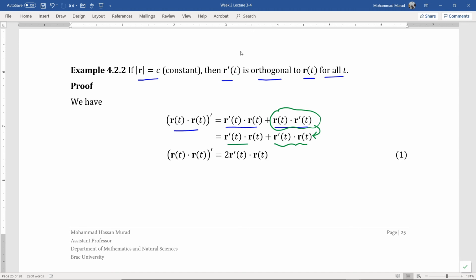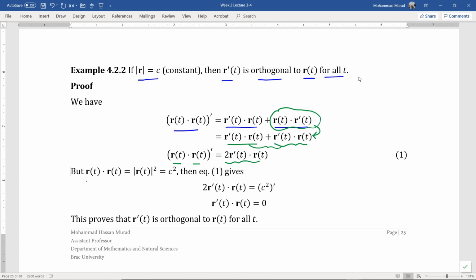Then we have two similar terms, R prime of t dot R of t plus R prime of t dot R of t, which can be put into a single expression as follows: 2 times R prime dot R of t. Whereas in the left hand side we have the derivative of the dot product of the vector R of t with itself.